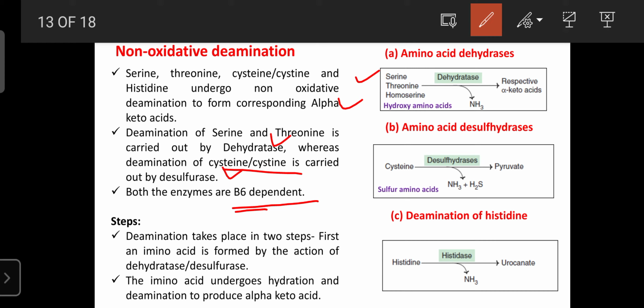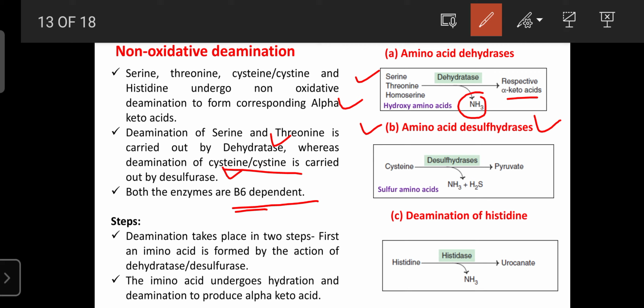In the presence of the dehydratase enzyme, they form the respective alpha keto acids and release the ammonia. Another enzyme, amino acid desulfhydrase, is also involved in non-oxidative deamination reactions. It can deaminate amino acids like cysteine and cystine. These are the sulfur amino acids.